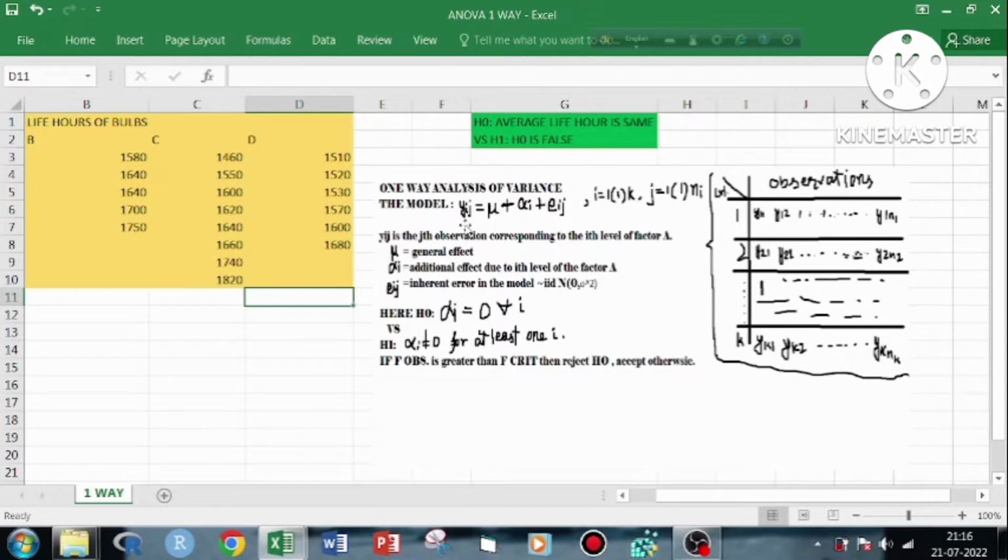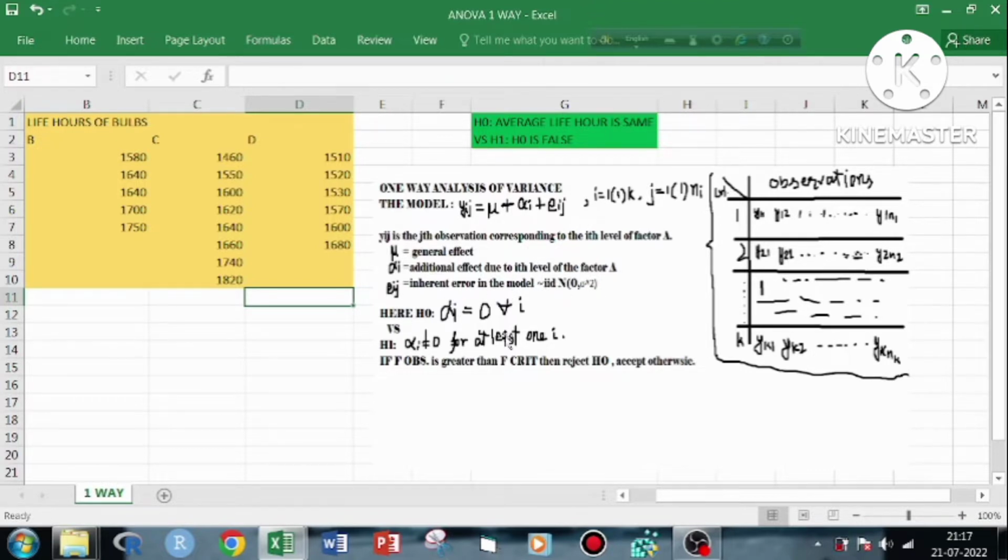If you consider the batting performance, the bowlers spend the least amount of time at the nets, and the batsmen, the openers, the middle order, they spend the maximum time at the nets. So our levels for this additional factor A would be the time spent in hours in the nets, and we know that every model has an inherent error, so Eij is the error.